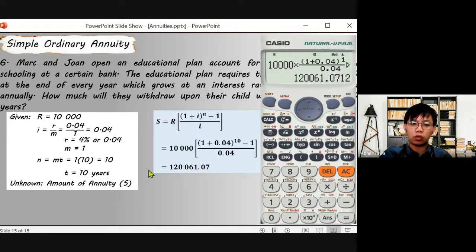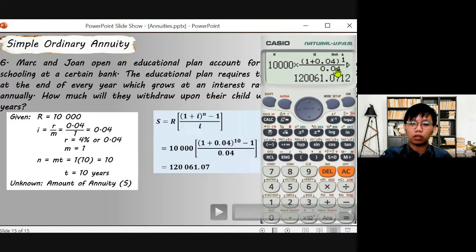Okay, so this is the value that we solved earlier in our longer solution, where we solved the future value of each 10,000 up to the last payment, and then we add all those future values, and that will be the amount of annuity. Okay, so that is a longer solution.